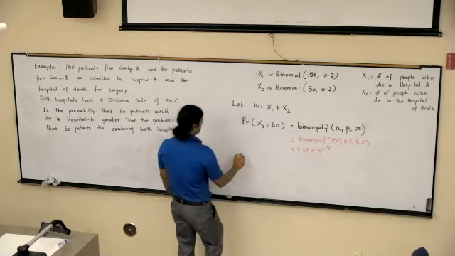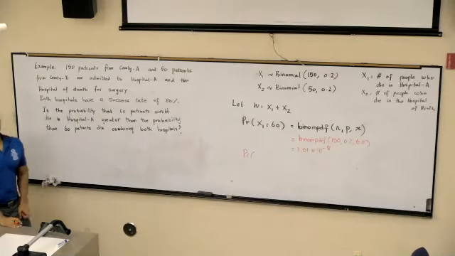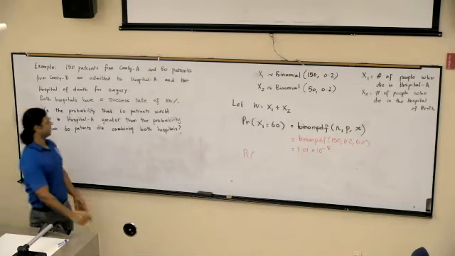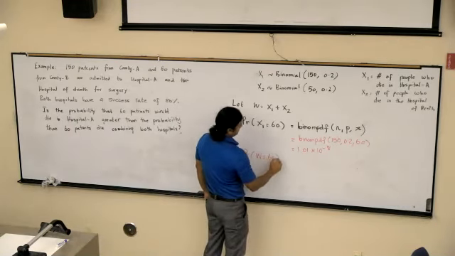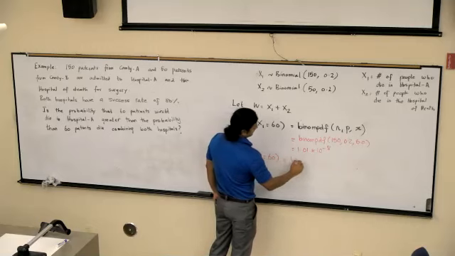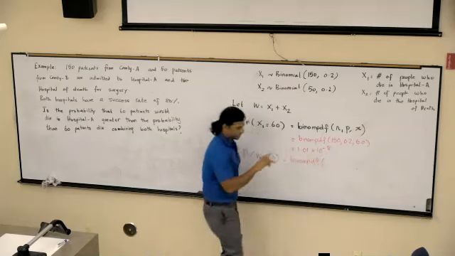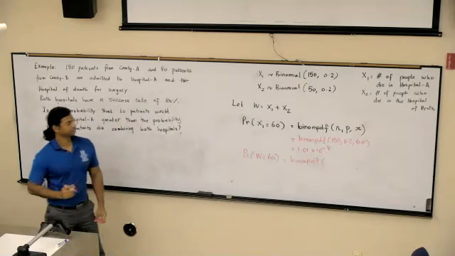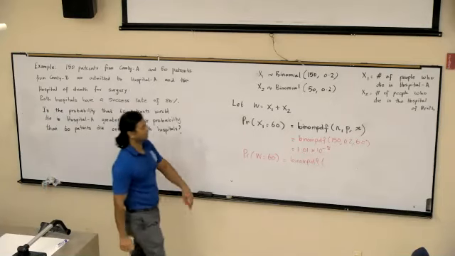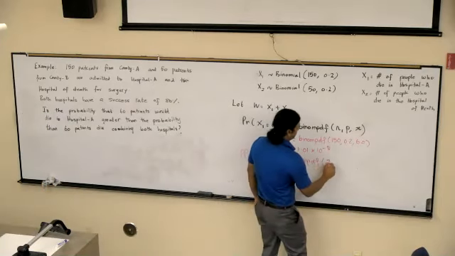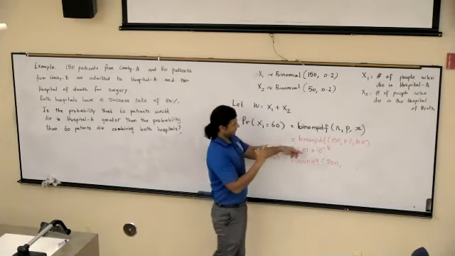The second case, what are we trying to find? W equals 60. What is N? N is 200. P, same.